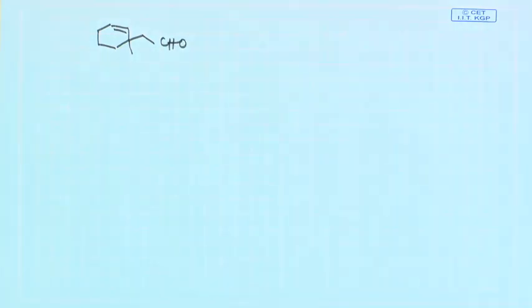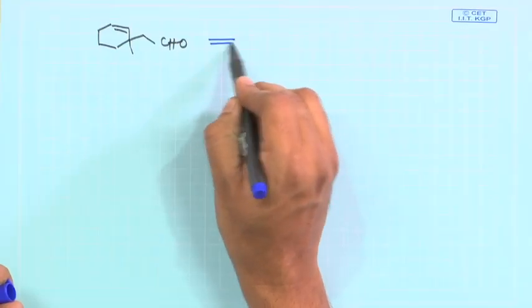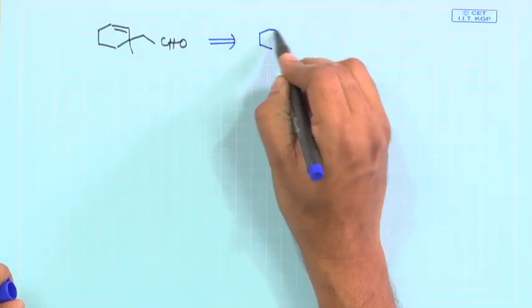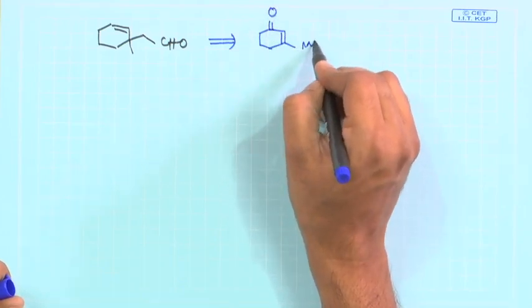We have taken a cyclohexene based compound, as in the main lecture, and the starting material given to you is a cyclohexenone, 3-methyl cyclohexenone.